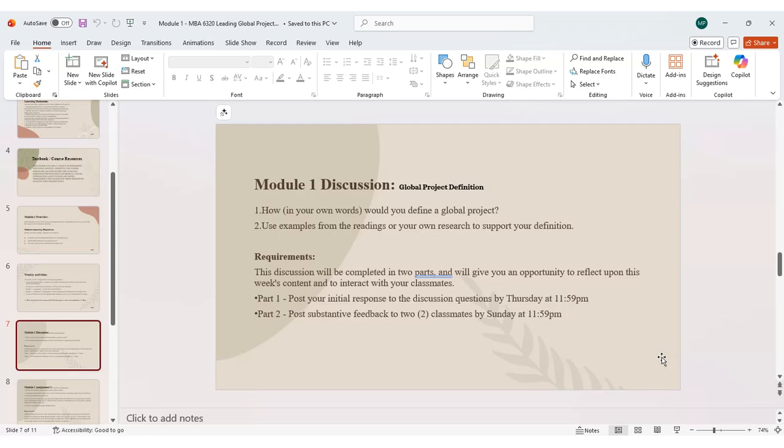Communications become more complicated as teams may not share the same working hours or communication styles. For example, a decision-making approach that works well in one culture may not be effective in another, requiring leaders to adapt their style.